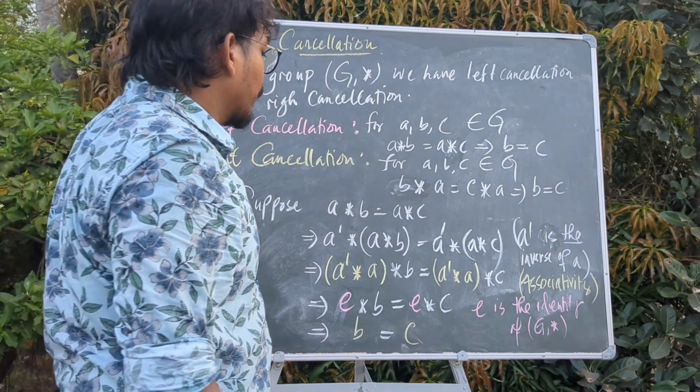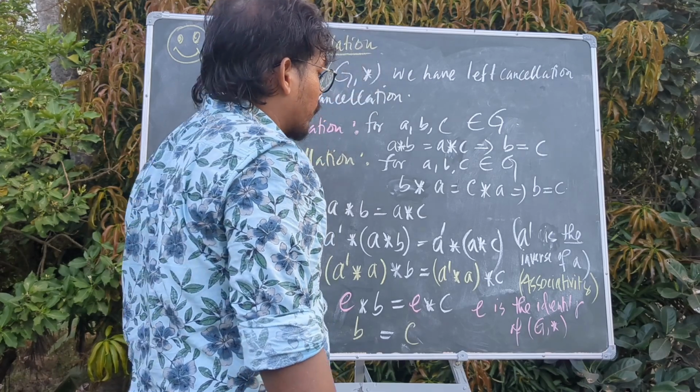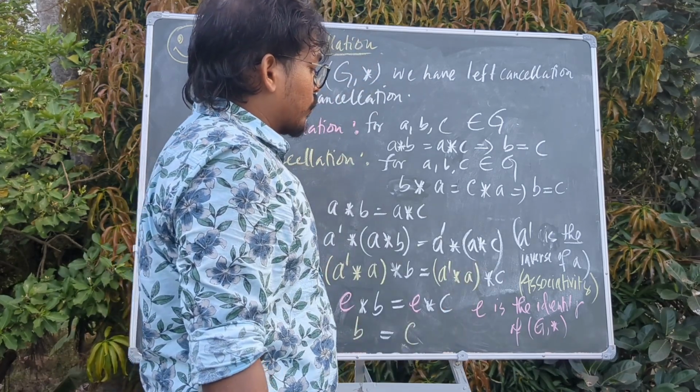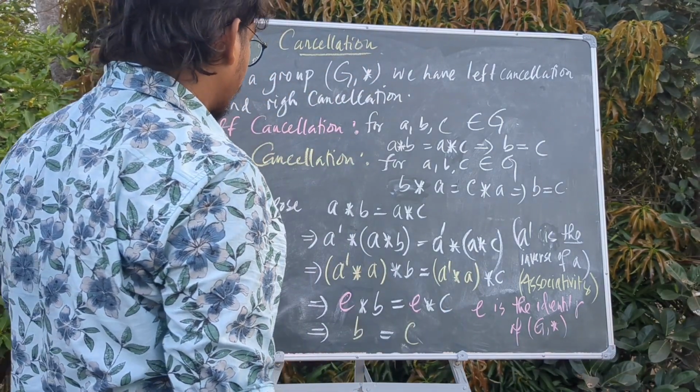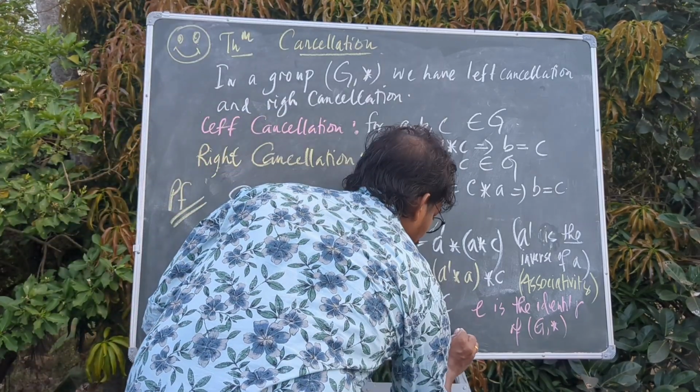This is possible because a has an inverse and we have associativity, so we can cancel a from both sides, and left cancellation is proved. We are happy.